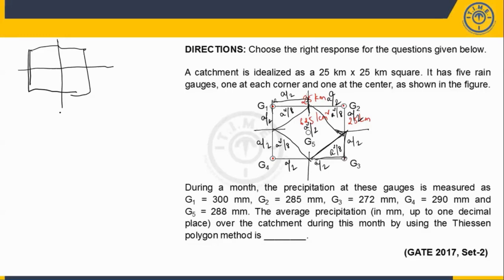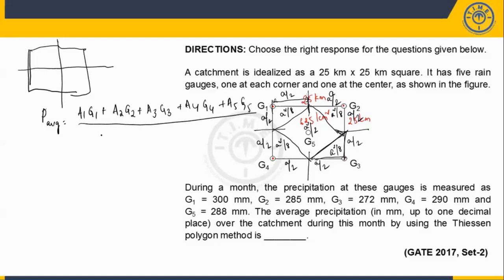Now let's take the weighted average. Average precipitation P average is equal to A1 Z1 plus A2 Z2 plus A3 Z3 plus A4 Z4 plus A5 Z5 upon, I want P, so we need to divide with area.